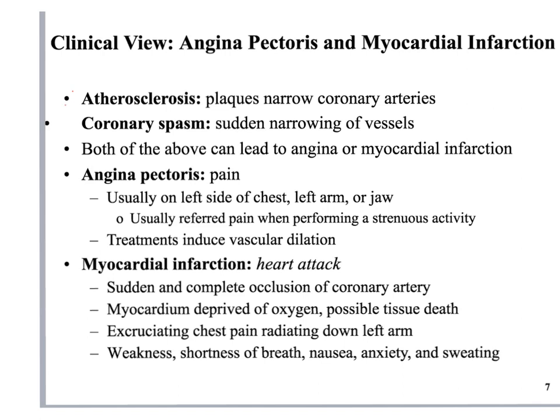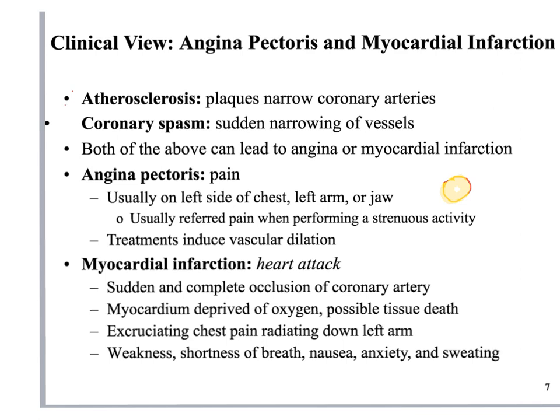So we have atherosclerosis, where plaques narrow the coronary arteries. You have a blood vessel, and then you end up with plaques that form fat around it, leaving a smaller opening for blood to flow through.